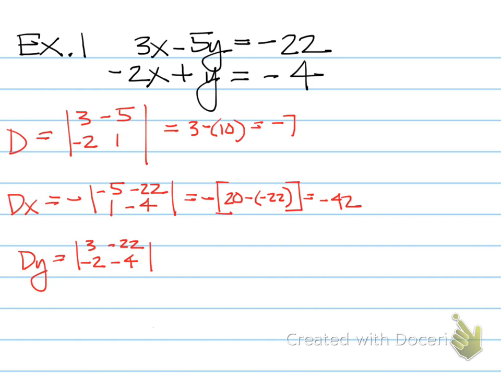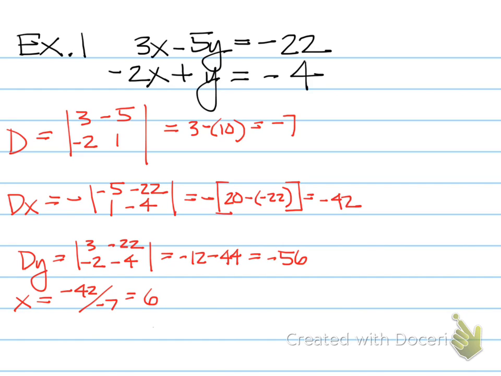And then for the y determinant, we cross out the y column and then write down the remaining values, which should be 3, -22, -2, and -4. The value of that determinant is -56.